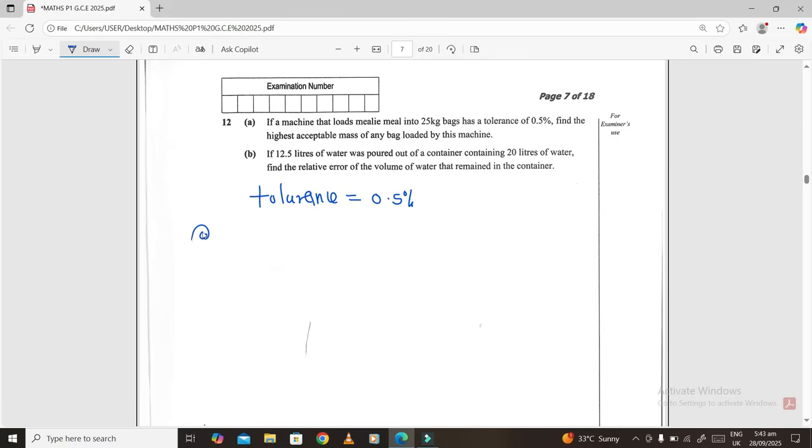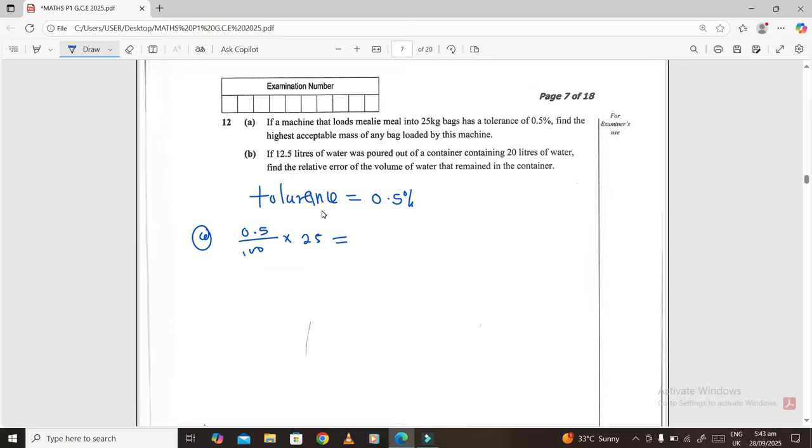So for question A, the first thing we're going to do is write 0.5 over 100 times 25 kg.